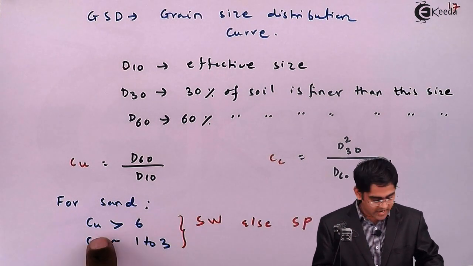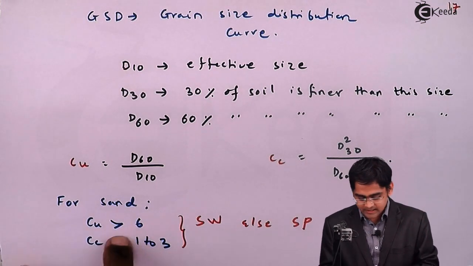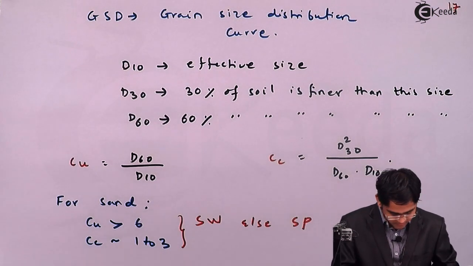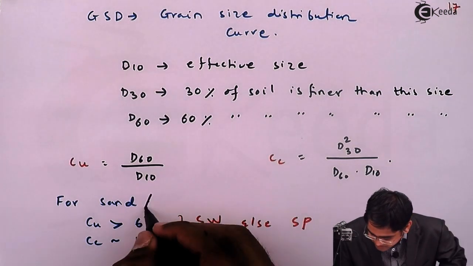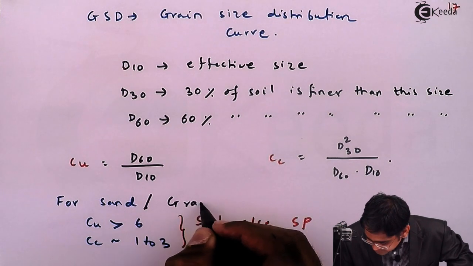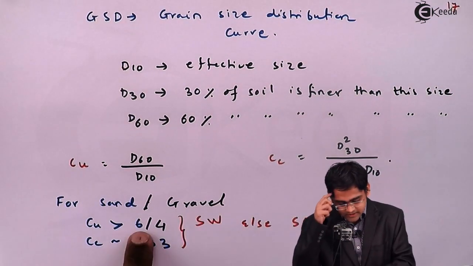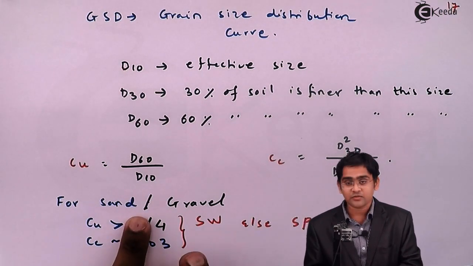For sand, we have Cu greater than 6. The difference for gravel, all things remaining the same, is that for gravel I'll have the limit of 4. So rather than 6, I'll use the Cu greater than 4 limit.